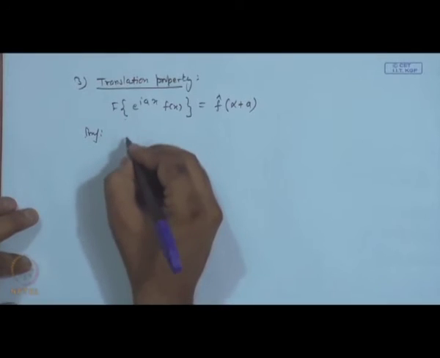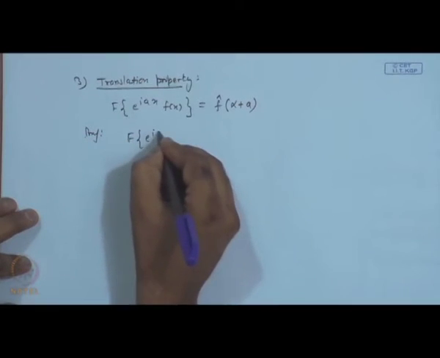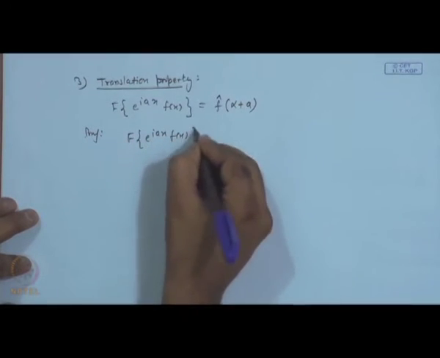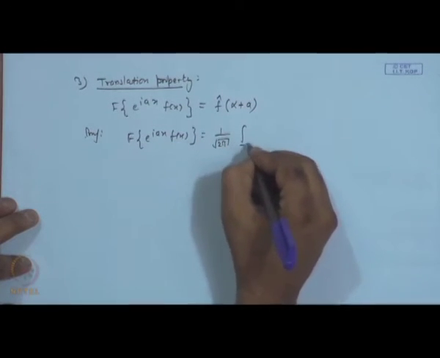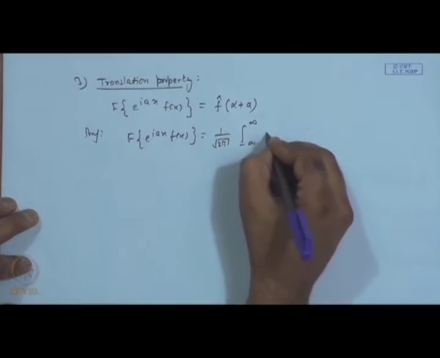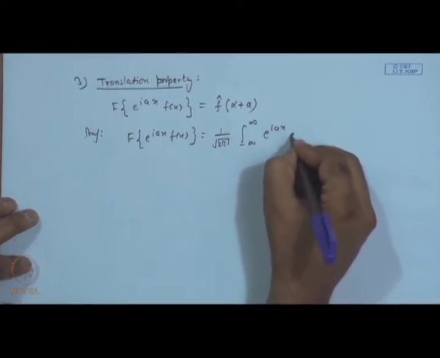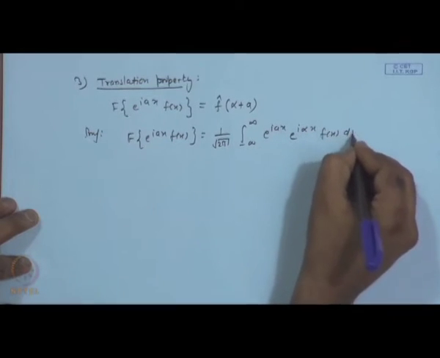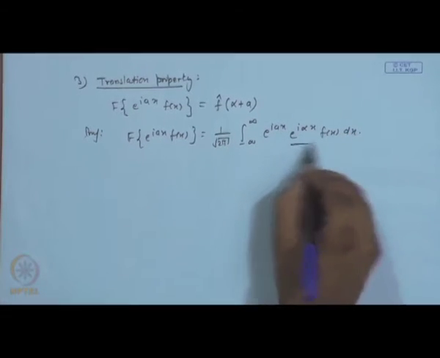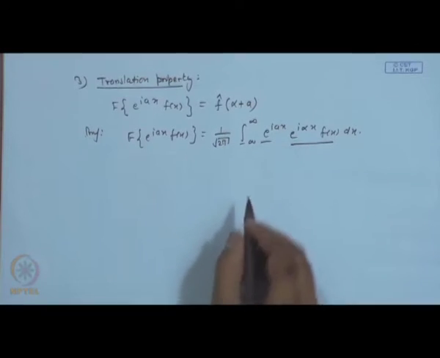The proof is very simple. The Fourier transform of e^{iax} f(x), as per the definition, is 1 over square root 2 pi, integral from minus infinity to plus infinity of e^{iax} e^{i alpha x} f(x) dx. This is our function, and this is for the transform.